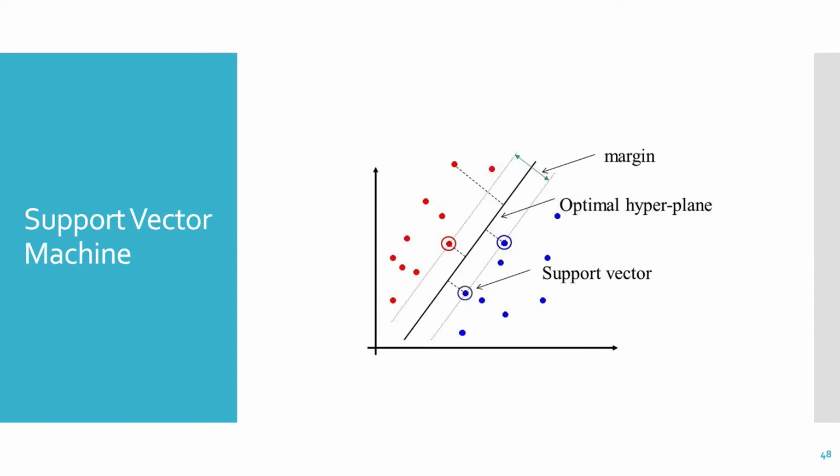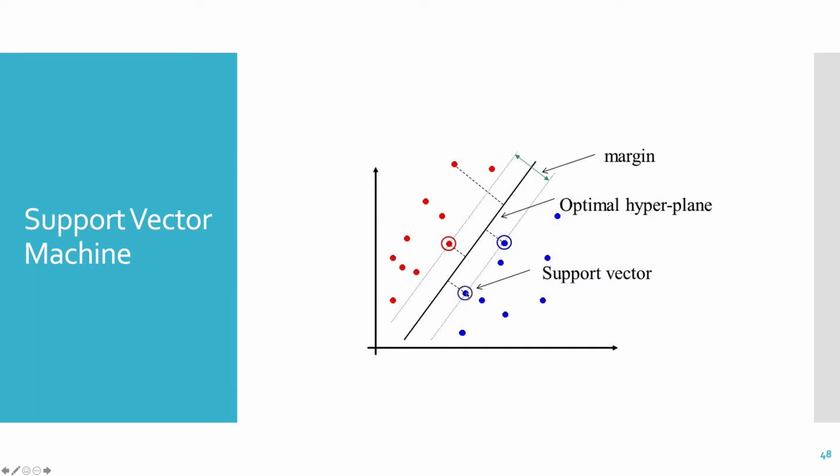Why is it called a support vector machine? Because the points, that is, the vectors that determine the margin and the hyperplane are called support vectors. You can think of them as supporting the hyperplane, keeping it in place. Here we have this solid black hyperplane. The margin is defined by this distance here, which is equivalent to this distance here.